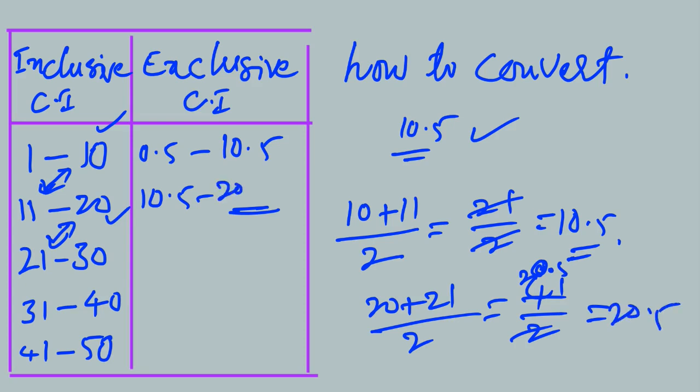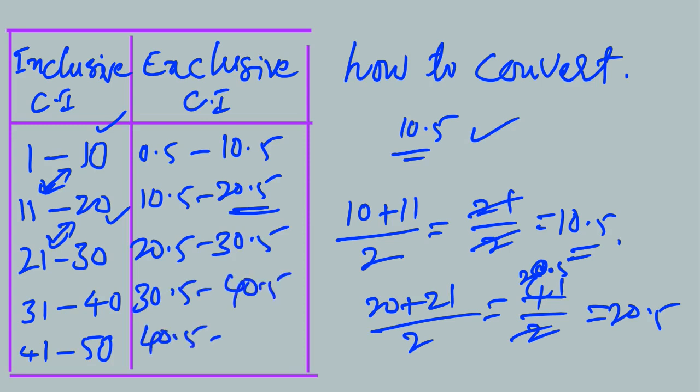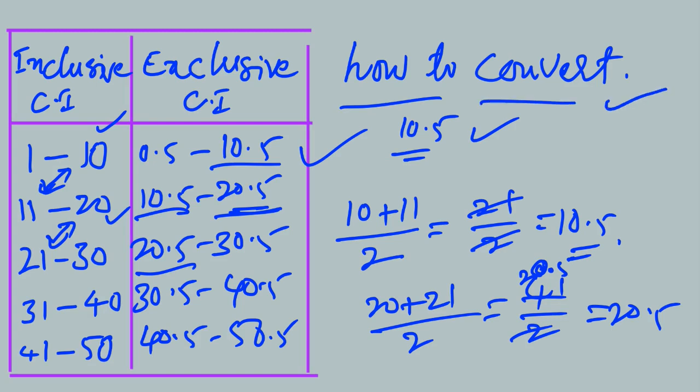So write 20.5 here, again 20.5, and easily we can write onwards 30.5 to 40.5, 40.5 and 50.5. Now we can observe 10.5, 10.5, 20.5, 20.5. Now we have converted into exclusive class intervals. These are all boundaries. In this way we can convert inclusive class intervals to exclusive class intervals.